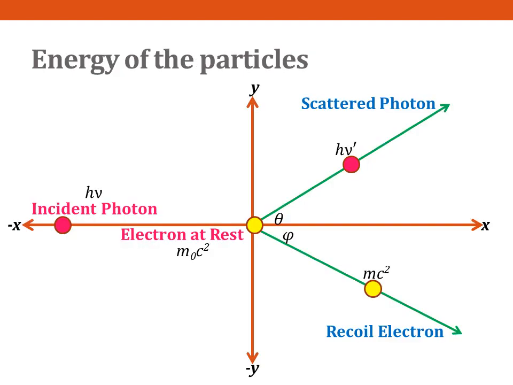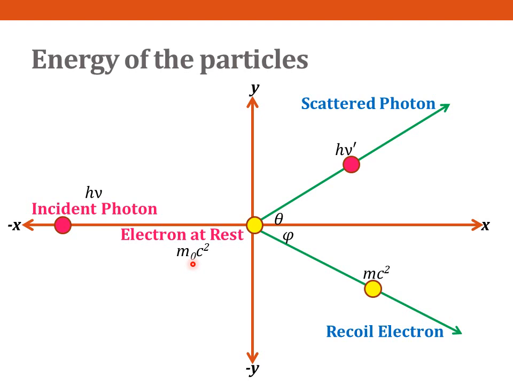With these assumptions in mind, let us consider a photon of energy h nu which collides with an electron at rest, and let us assume that this electron at rest possesses an energy m naught c square, where m naught is the rest mass of the electron.